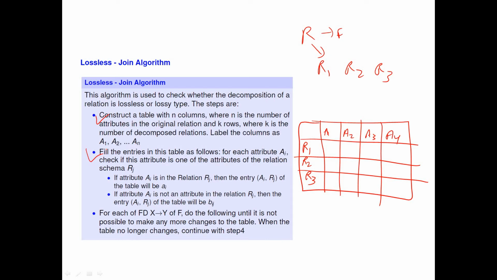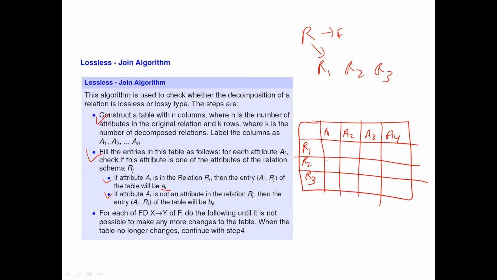Now the next sub steps say that if an attribute belongs to a relation, we consider that cell as ai, the small a with the respective subscript, like a1, a2, a3, a4.